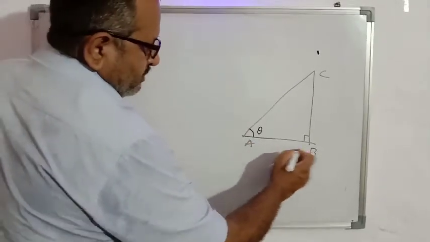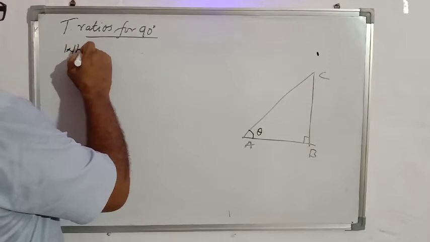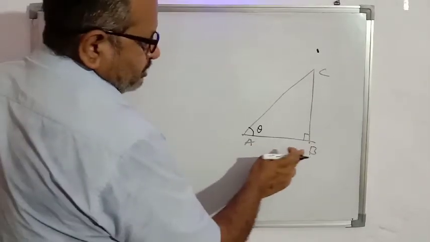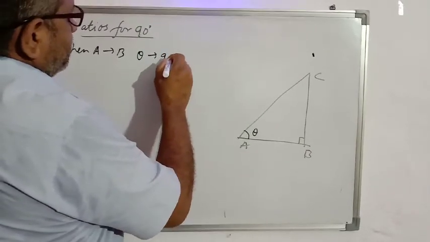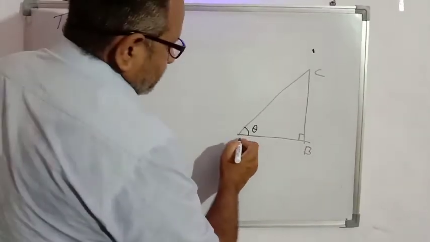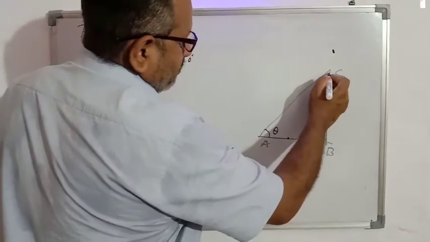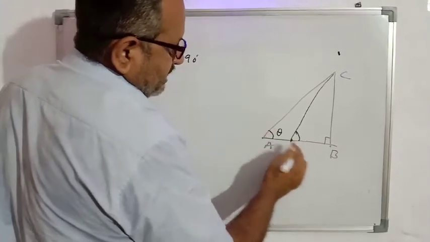If A moves towards B, then theta tends towards 90. How? Suppose A is coming here at this point. So what will be theta? Theta will be this angle. This angle is greater than this angle.